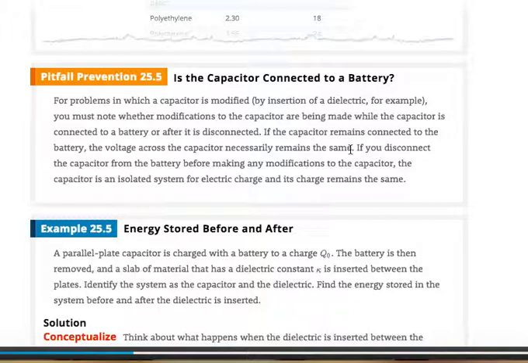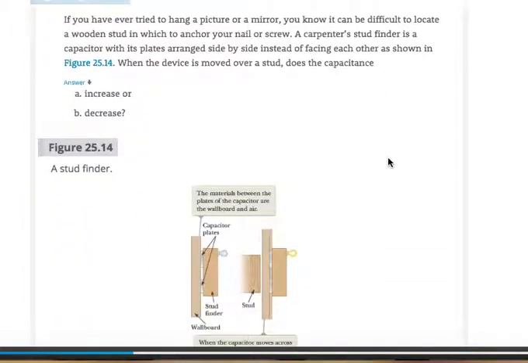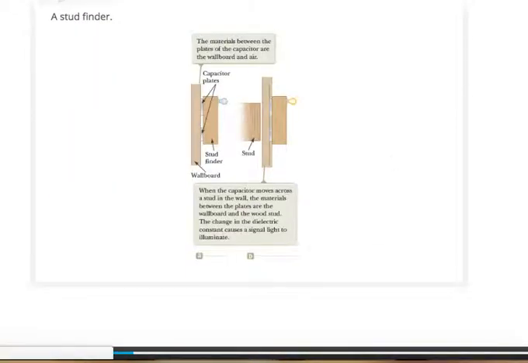If you disconnect the capacitor from the battery before making any modifications, the capacitor is an isolated system for electric charge, and its charge remains the same, but its change of voltage may go up. But if it was with the same battery, it had to be the same voltage there.